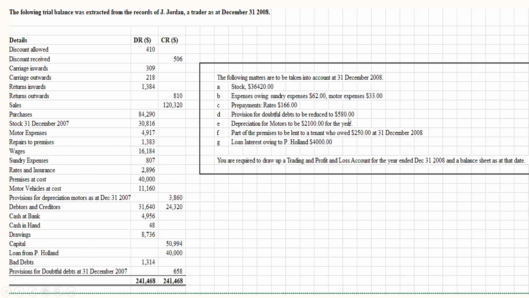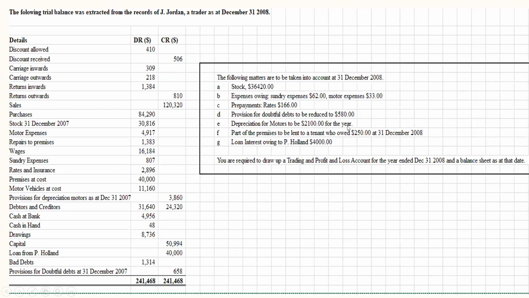Provision for doubtful debts, 580. They said it's to be reduced to 580. Remember I was telling you earlier, debtors come in to pay off their debts, and it's going to add to our gross profit. So it's reducing to 580.